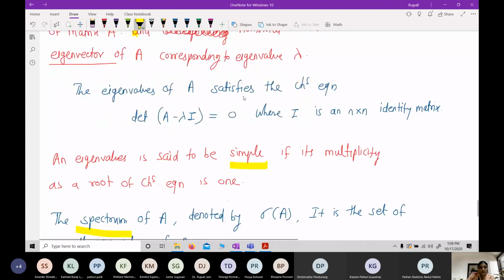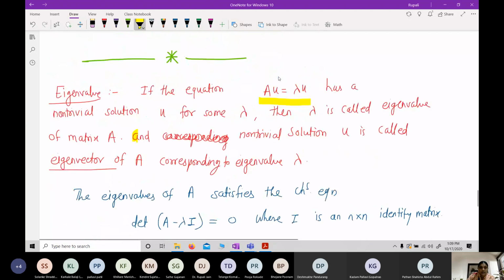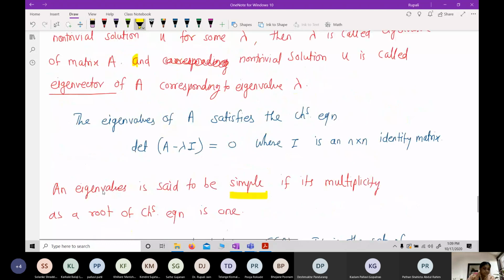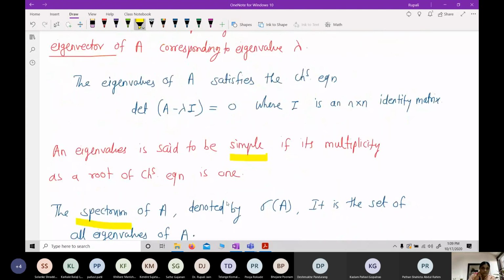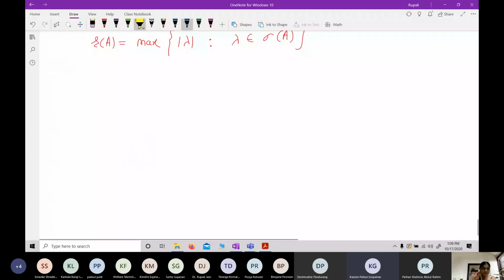Eigenvalue, eigenvector, how to find eigenvalue, eigenvector, spectral radius, you know all these concepts.